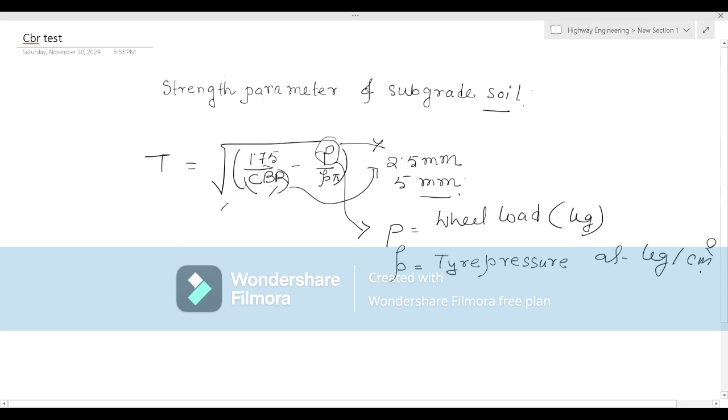This formula is applicable if the CBR value is less than 12%.